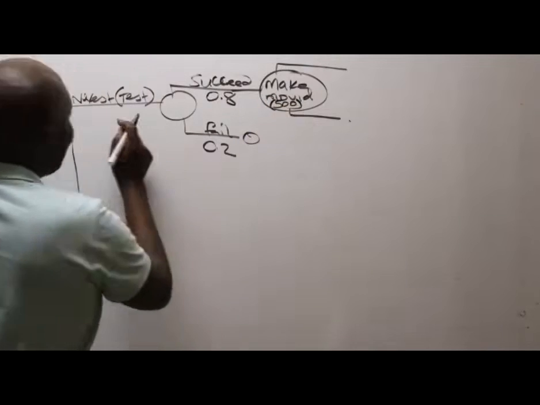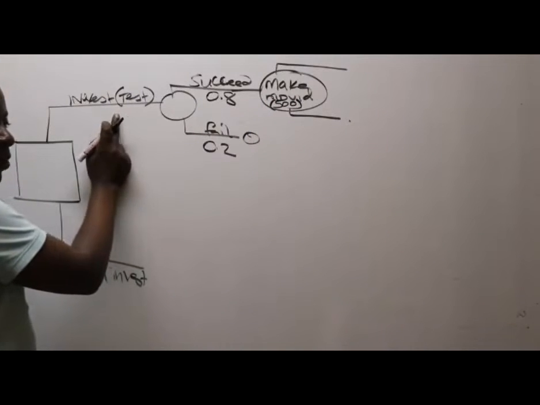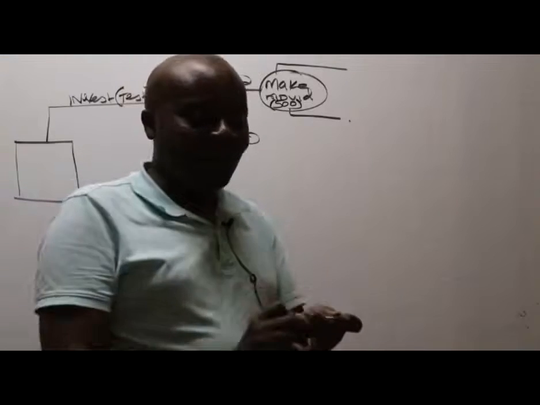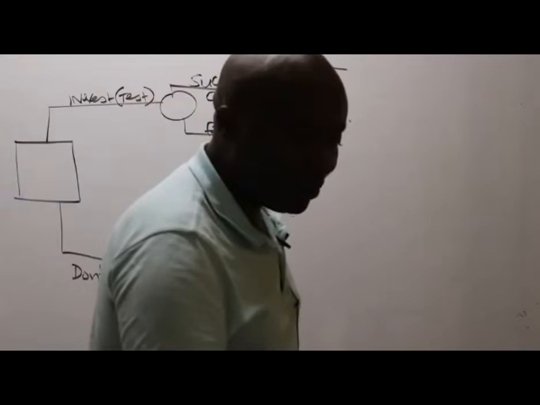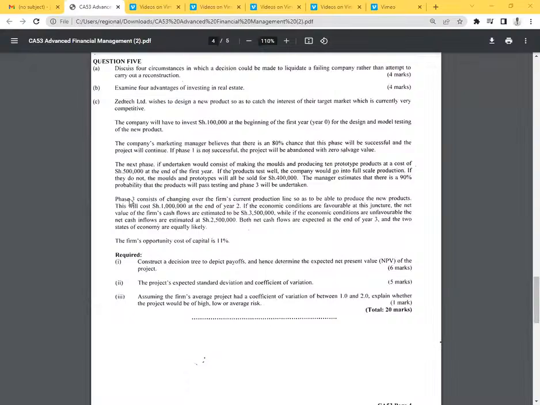And that reminds me that the testing cost has to be put. Is there someone who can remember the testing cost from our test paper? The company will have to invest 100,000 for design and model testing.